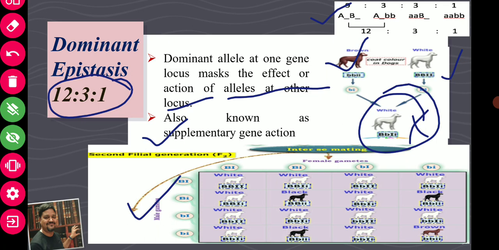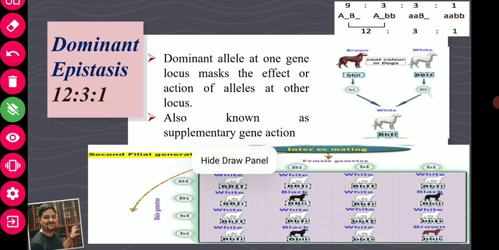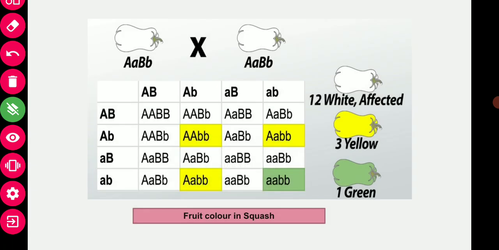So coming to the next example of epistasis, this is one more example in plants, that is fruit color in squash. This is again an example of dominant epistasis. Here you can see that capital A small a, capital B small b is crossed with capital A small a and capital B small b, similar to the case of coat color in dogs.